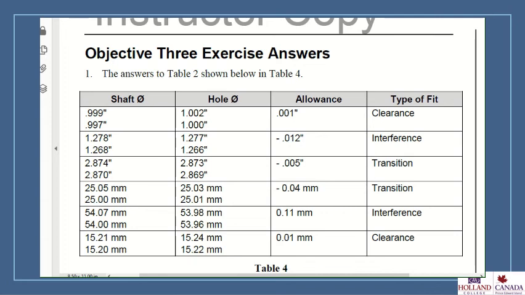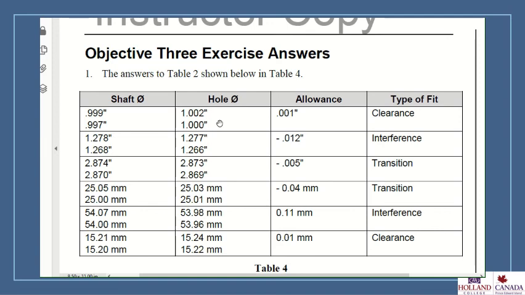So the largest shaft is going to be 0.999. The smallest hole is going to be 1.000. So the smallest hole minus the largest shaft is 0.001. And since it's a positive value, we get a clearance.